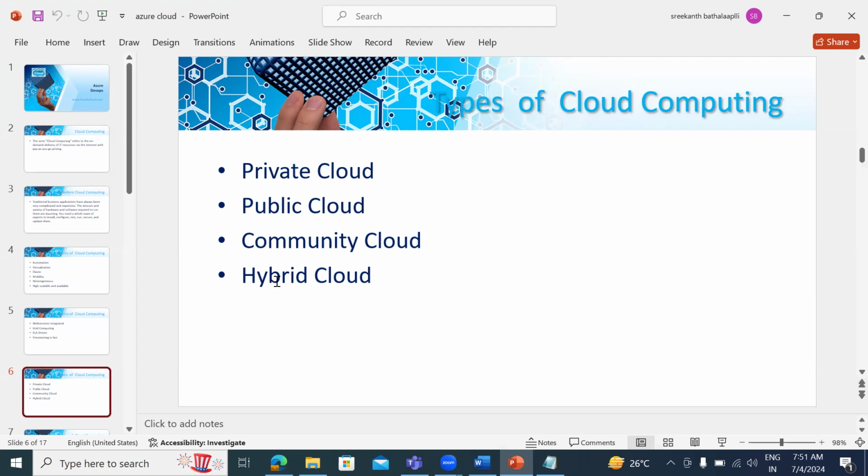That means an enterprise will build a cloud and it is exclusive for their company employees only. Others are not able to use that cloud.